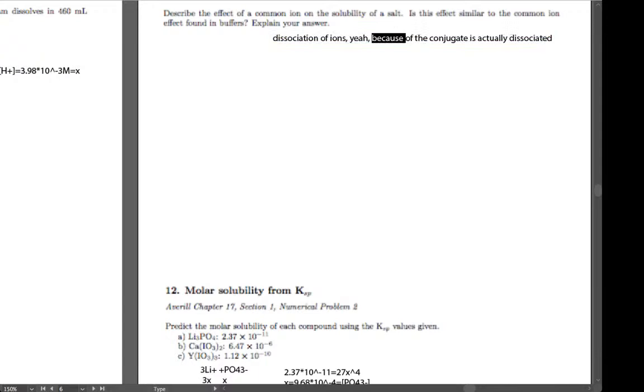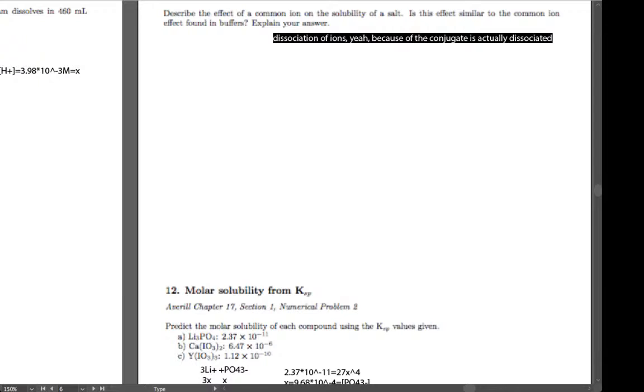So basically, what is the common ion effect? It is something from Le Chatelier. It basically states that if one ion gets larger in concentration, the other ion will actually decrease its concentration.